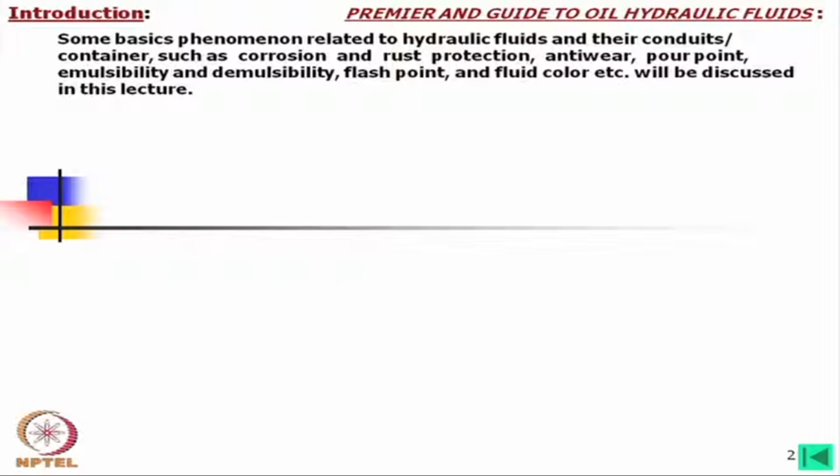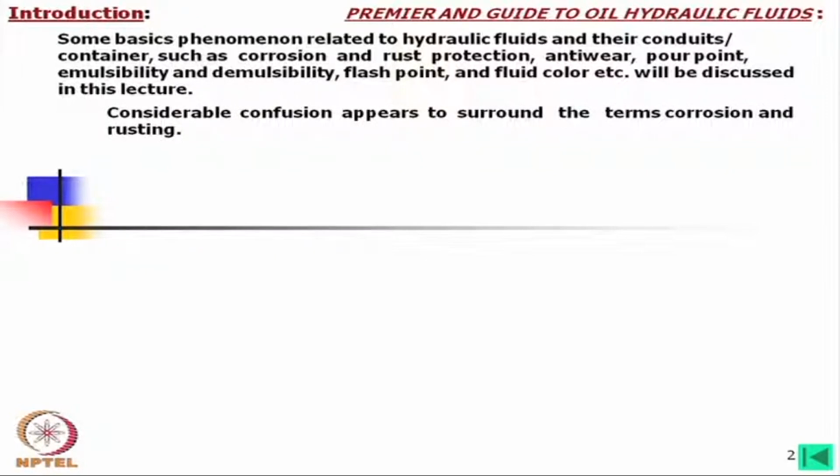Some basic phenomena related to hydraulic fluids and their conduits and containers, such as corrosion and rust protection, anti-wear, pour point, emulsibility and demulsibility, flash point, fluid color etc., will be discussed in this lecture.